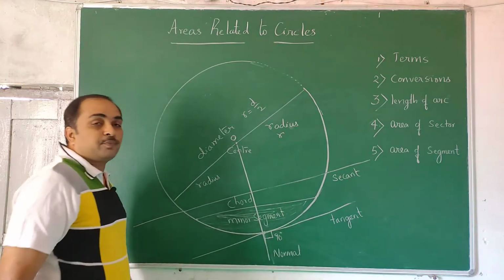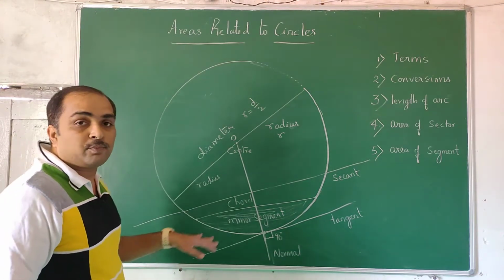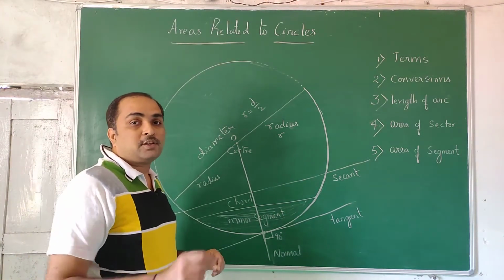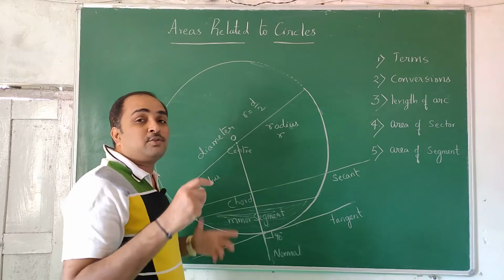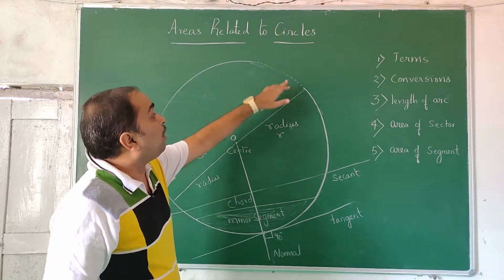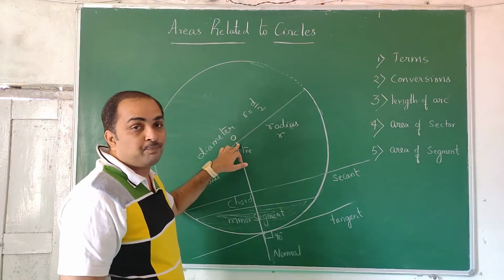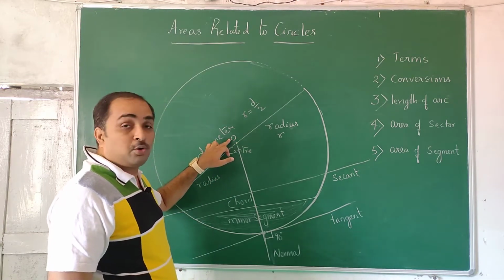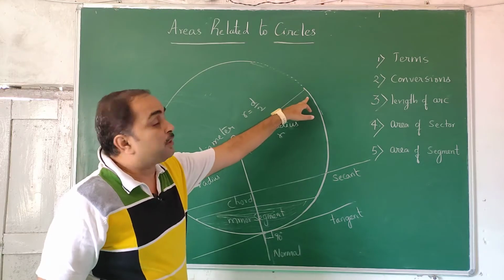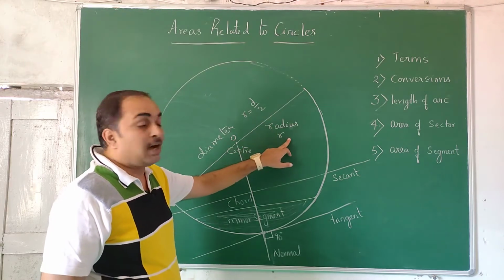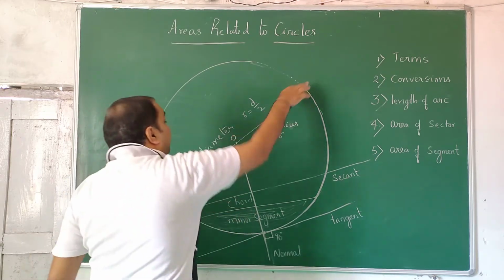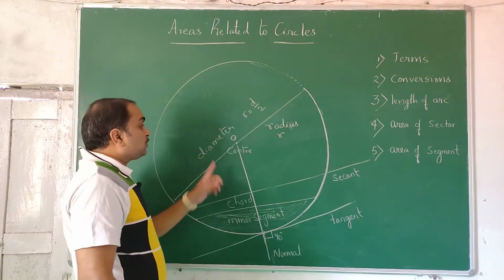So once again, circle is a locus. Locus means once you join all the points, whatever you get, that is locus. Locus of all points which are equidistant from one point called center. That center is represented by letter O. From center to any point of the circle if you draw, that is called radius R. Double of radius along a straight line is called diameter.